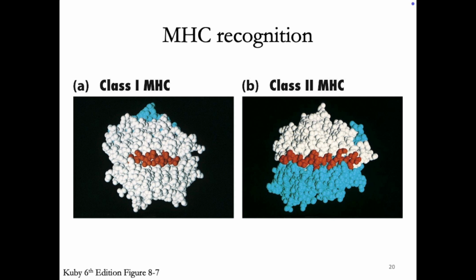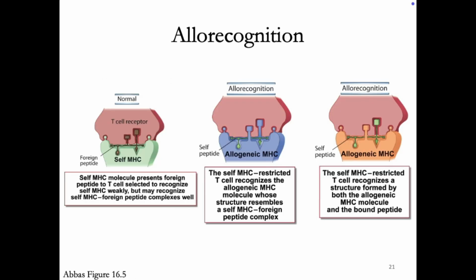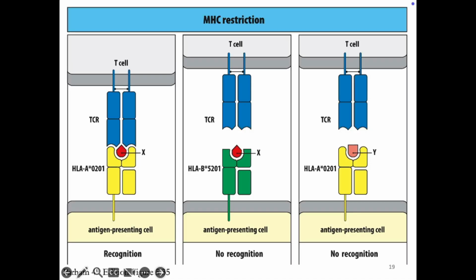And we often think about recognition as looking like what's shown here on the left, where we've got the MHC, we've got the peptide, T cells making contacts with sort of both of them. And alternatively, we have a different MHC.